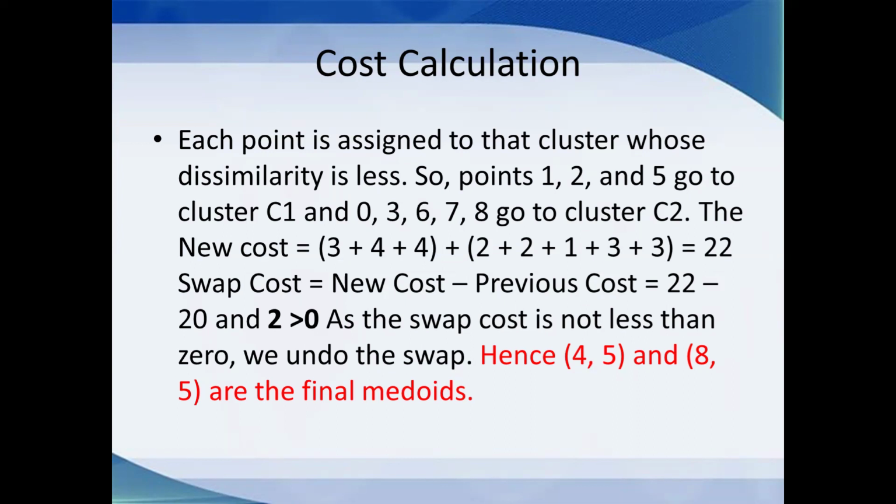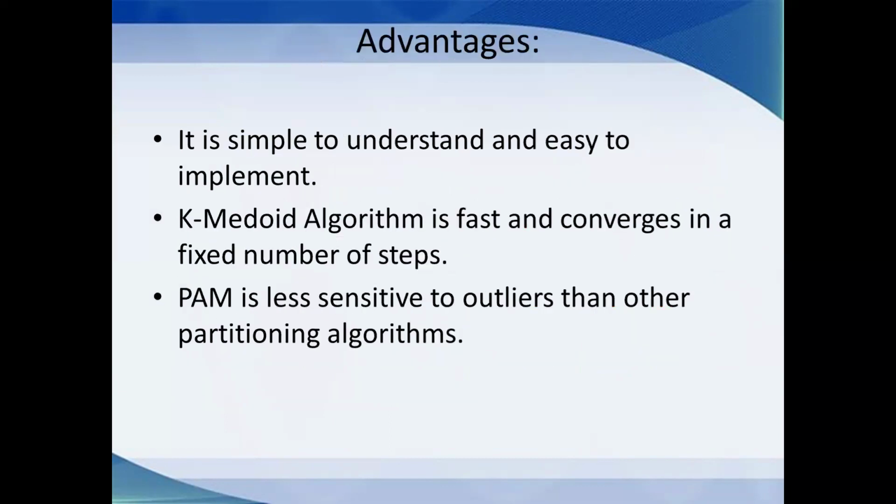But here the overall cost is 22, which is higher than the earlier one. So the cost of the new cluster is very high compared to the earlier one. Then we reverse the swap and stop the process. This is the idea behind the K Medoid algorithm.